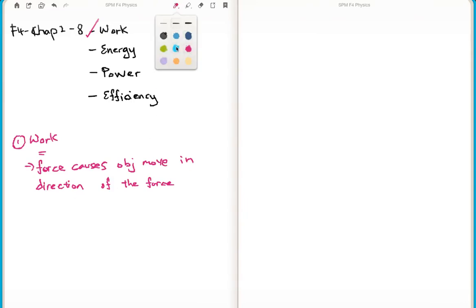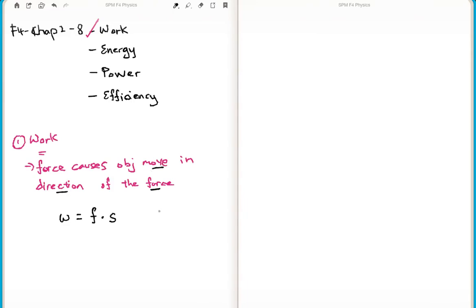In terms of equation, you need to look for the work done value. Work is therefore F dot S. Now, this is a general equation, a dot product, where you need to look for the direction of force. That's why you have a direction of force. Move in the direction of force.